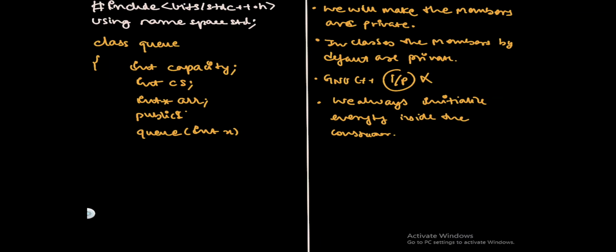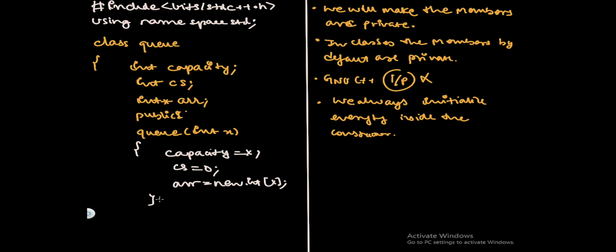If you have not used a constructor, it would use the default constructor. So here I will say that my capacity is equal to x, because this should be the maximum size. My current size is equal to 0, and my array is equal to new int of size x. Okay, so this is the base one.